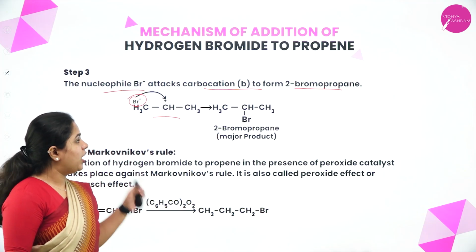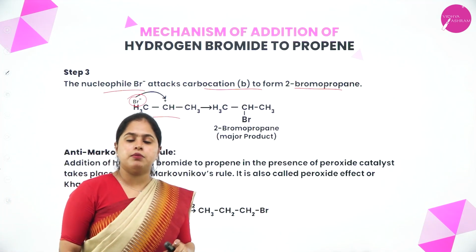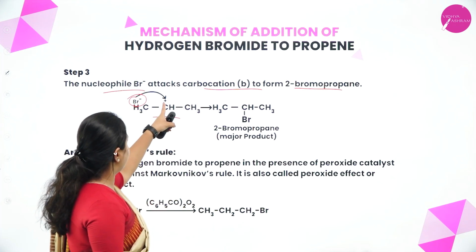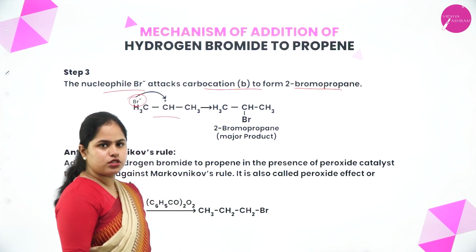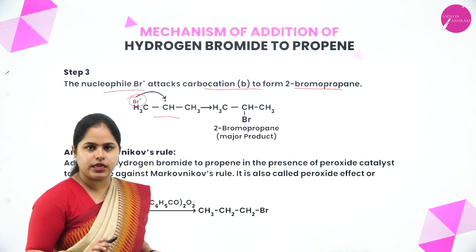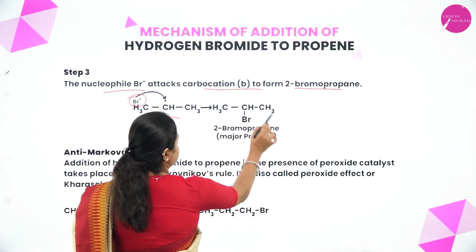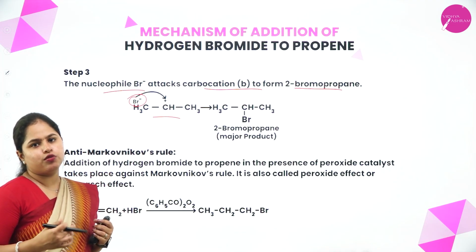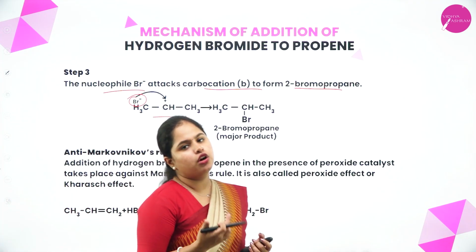The Markovnikov rule is applicable here because the secondary carbocation is more stable. The negative charge and positive charge combine, and the carbon gets its valency. So this is the final product you are going to get. Okay, so that is the Markovnikov rule and the mechanism of addition of HBr.